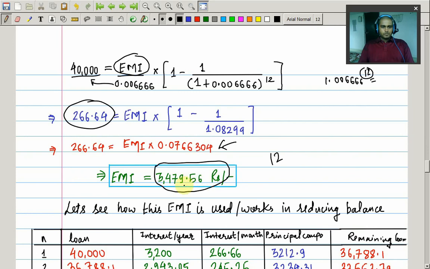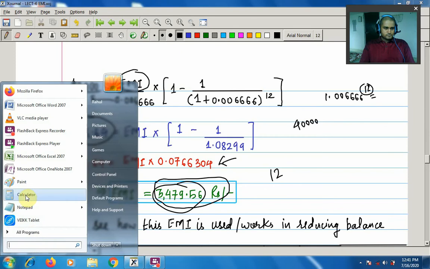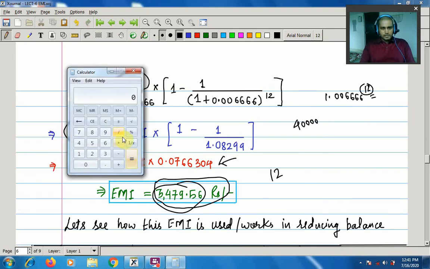So if you pay this much amount 12 times, how much money are you going to pay? You have borrowed 40,000 rupees. So let's see how much you are paying. You're paying 3,479.56 paisa, and how many times? 12 times.